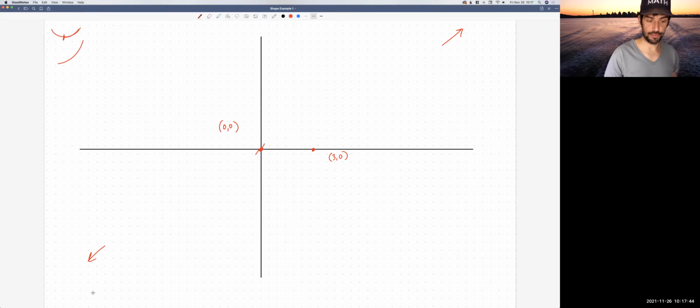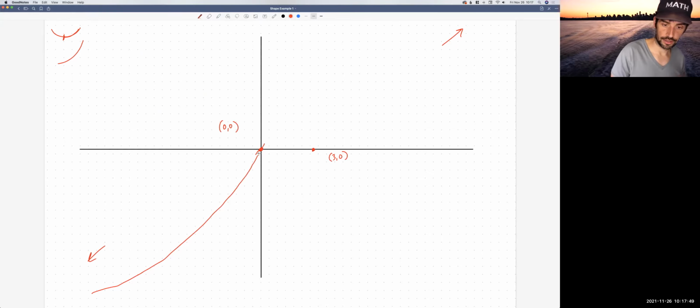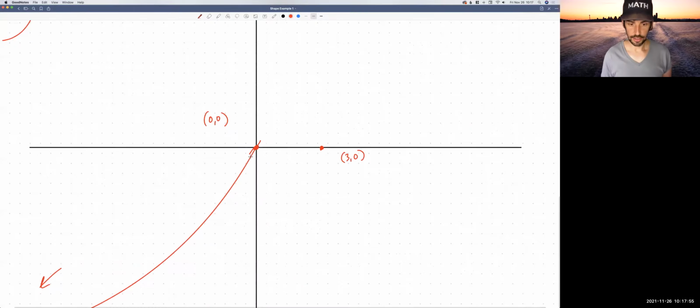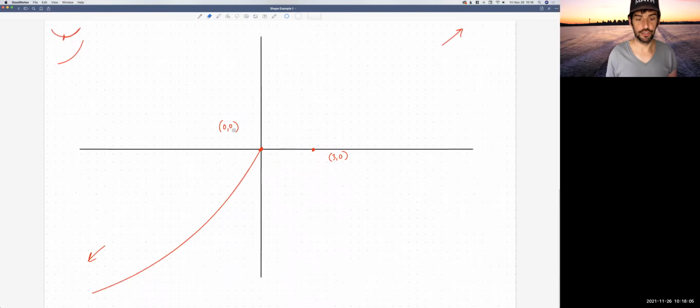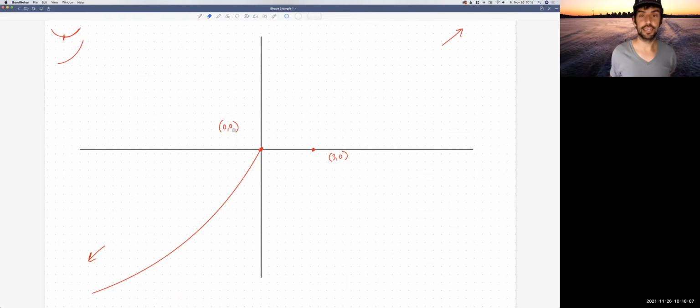So my function must be doing something like that. Concave up, increasing. Maybe now I'll erase this little extra line I had in there. Right, but that matched with what I thought it should look like. So there's my concave up, increasing section of the graph.